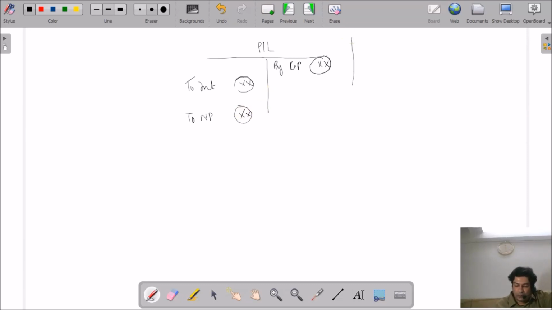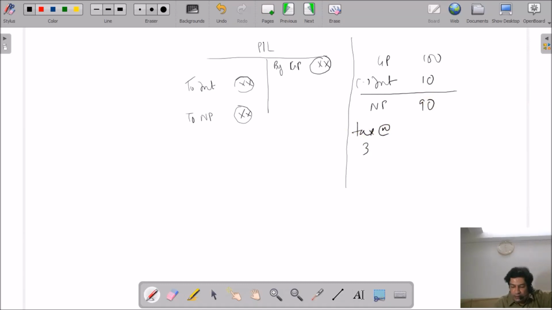So I'll explain with a hypothetical example. For example, your gross profit is 100. Your interest expense I'm assuming to be 10. So your net profit is going to come to 90. On this, tax I'm assuming to be at 30%. So 27 is the tax.